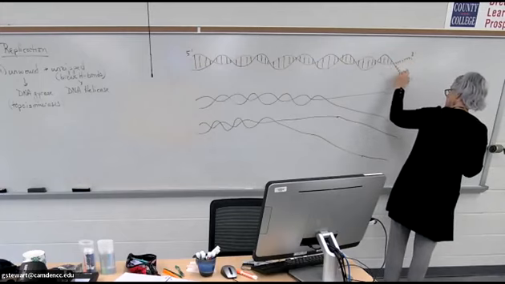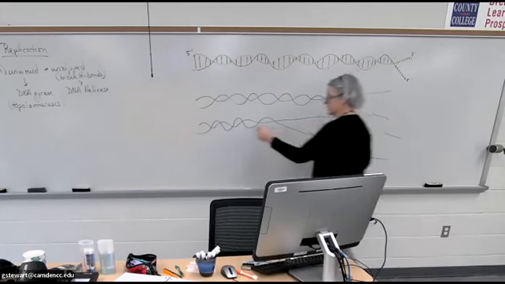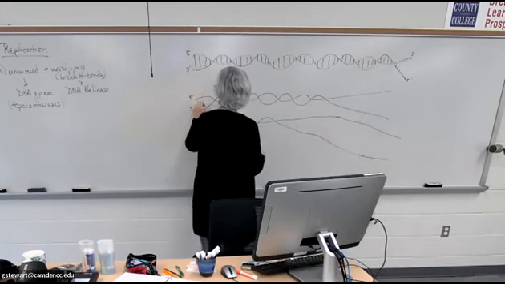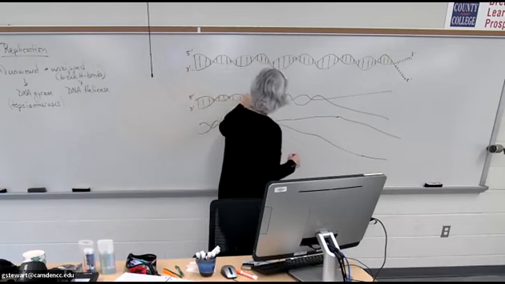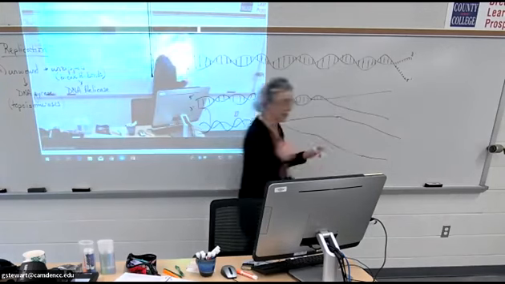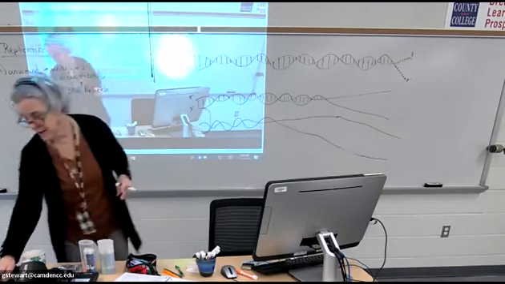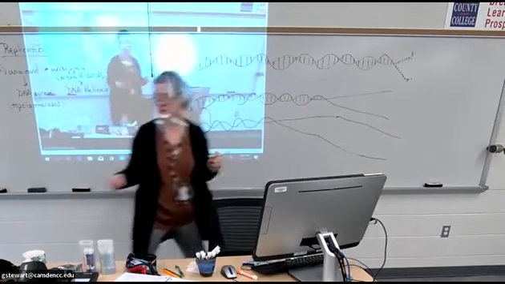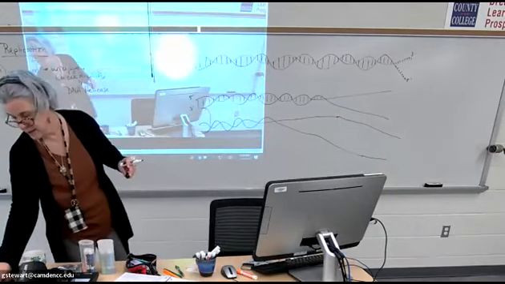Let's just put 8 bases there. And same, I'm going to put 5 prime, 3 prime, and bases along here. The lines that I drew, remember those are the phosphates and the sugar. The bases actually attach to the sugar, not the phosphate.